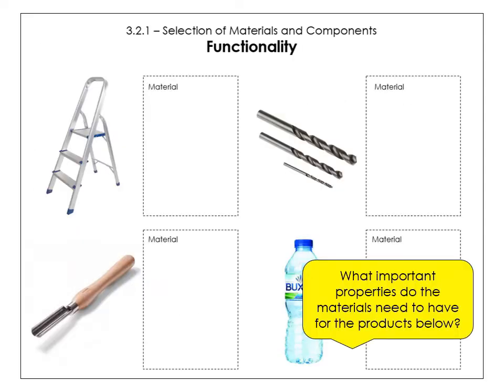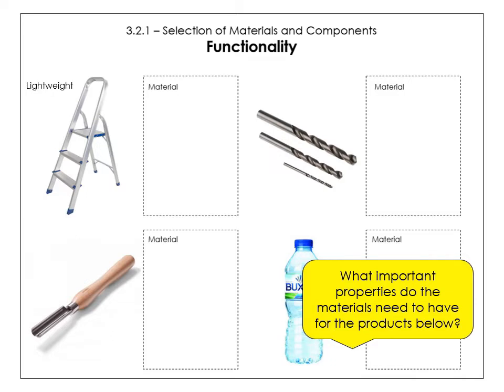So, straight away, you might want to pause the video here and have a little go at naming the different materials that would be used for these particular products. Okay, so if you've had a go at that, we're going to go through these one by one.